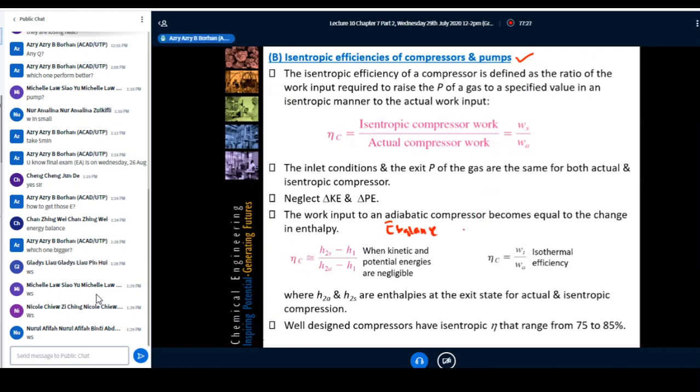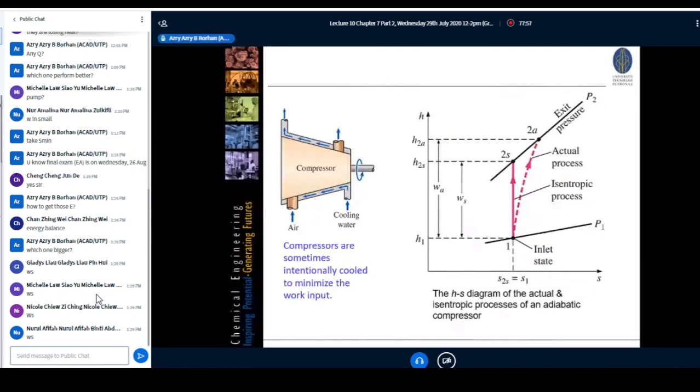So that's why you have M H1 plus W in. Remember, because compressor and pump require work, you are supplying work. That's why W in is equivalent to M H2. Right? So that's why your W in equals M times H2 minus H1, depending on H2S or H2A from the system. Okay, this is the H versus S diagram.